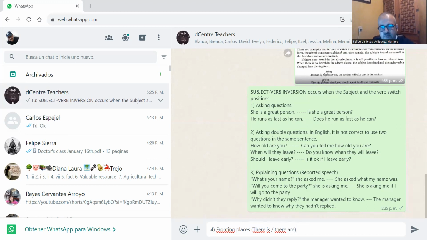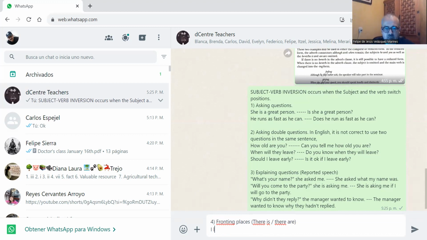So when we front places, front is put at the beginning. I live in Mexico. Well, she lives in Mexico. If I pass this at the beginning, I have to say in Mexico lives she.